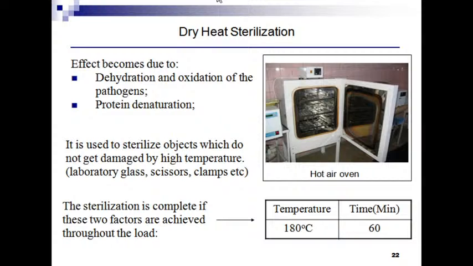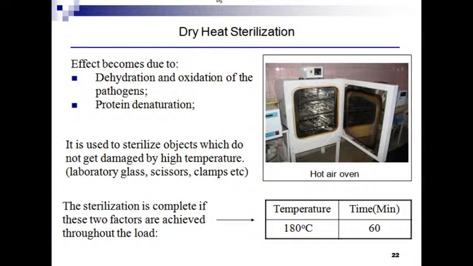Technique of dry heat sterilization, air heat sterilization. The method is effective because of dehydration and oxidation of the pathogens and denaturation of their proteins. The method is used to sterilize objects which do not get damaged by high temperature: objects made of laboratory glass, and metal equipment such as scissors, clamps, forceps, retractors, blade holders.